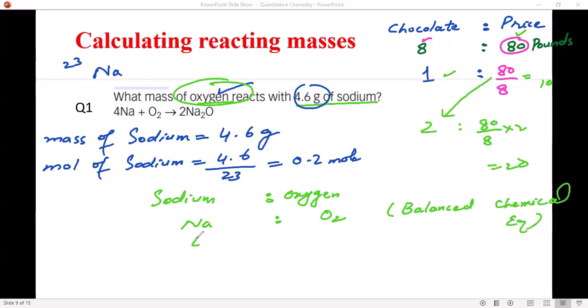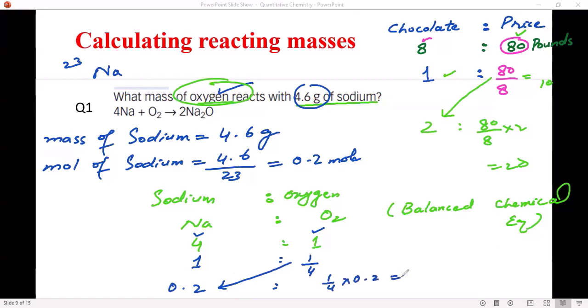You can see this is 4:1. Now suppose you have one sodium, how many moles of oxygen are needed? Use this approach: divide this number by this number. But you have 0.2 moles. Now use this approach, cross multiplication.